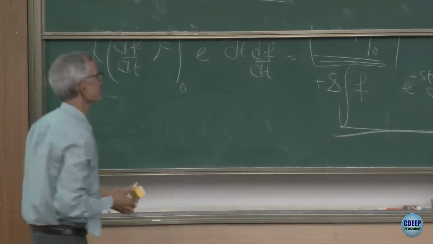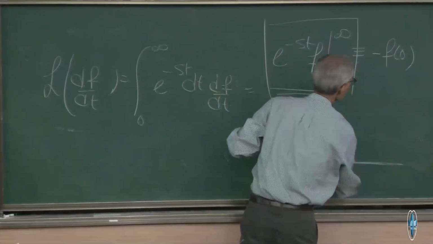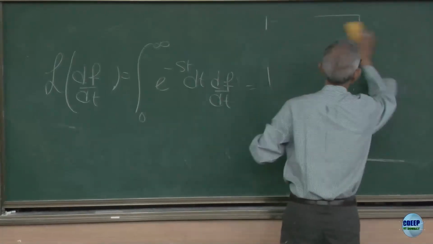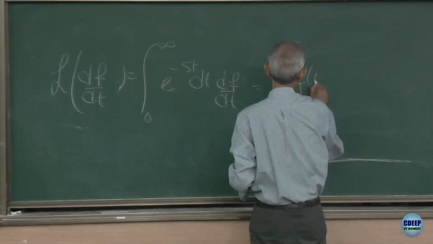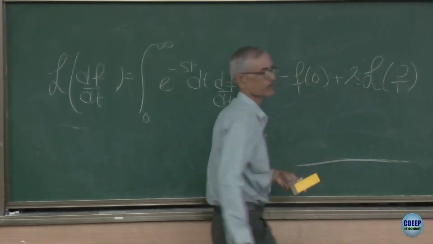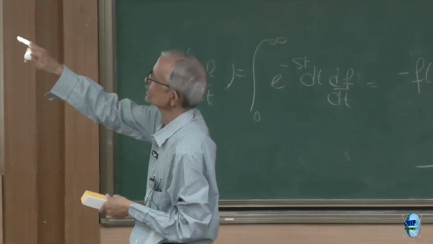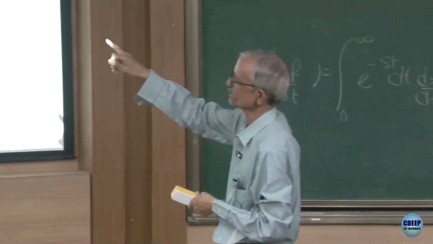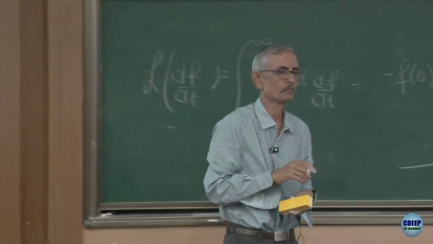So this becomes minus f0 plus s times the Laplace transform of f. So the Laplace transform of df dt is minus f0 plus s times the Laplace transform of f.